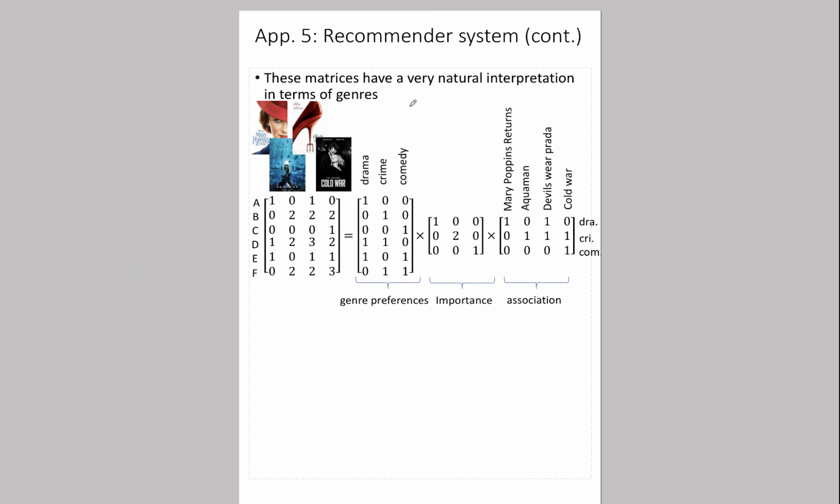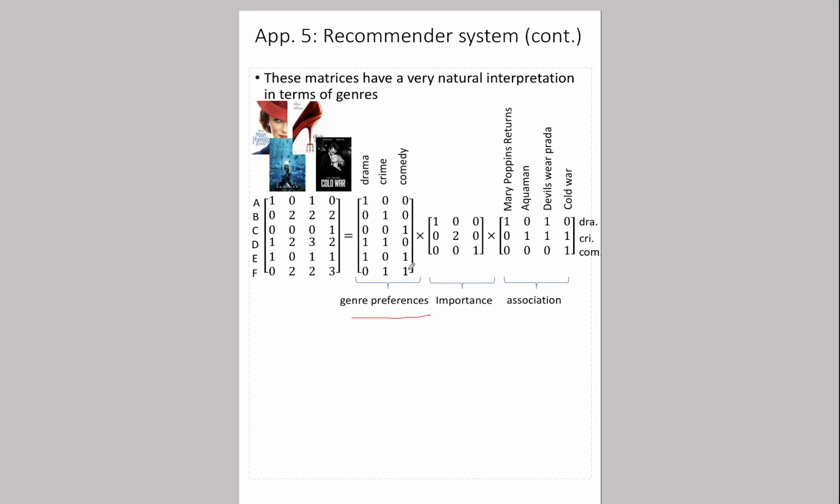These matrices have a very natural interpretation in terms of genres. Here, genres are our latent factors that are not explicitly given. In other applications, it might be hard to have a clear interpretation of latent factors, although they still often carry important structural information.